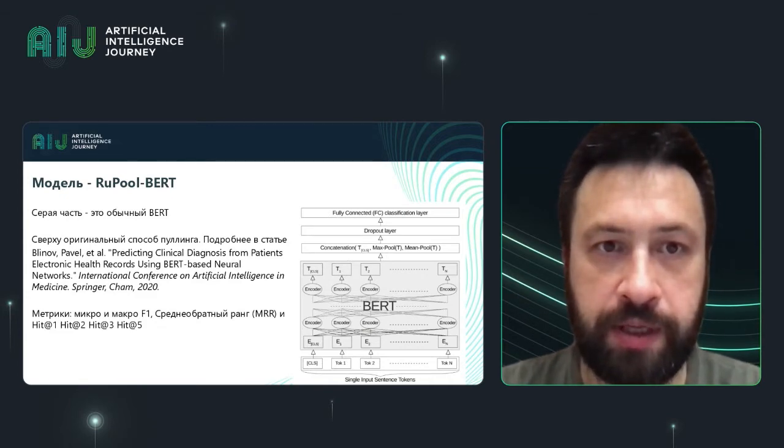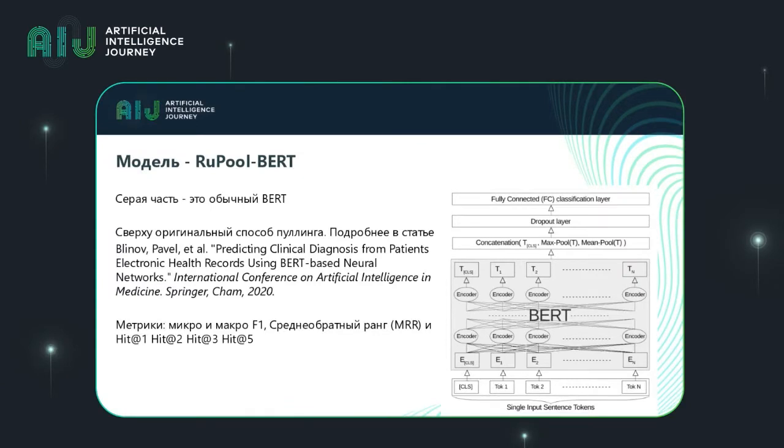So we modified the BERT model. To the right you see the architecture. The gray part is BERT. And higher you see our original pooling. You can find its detailed description in the article we've published. The link is in the presentation.